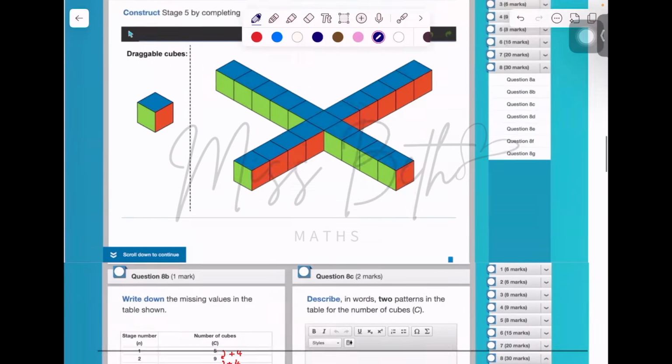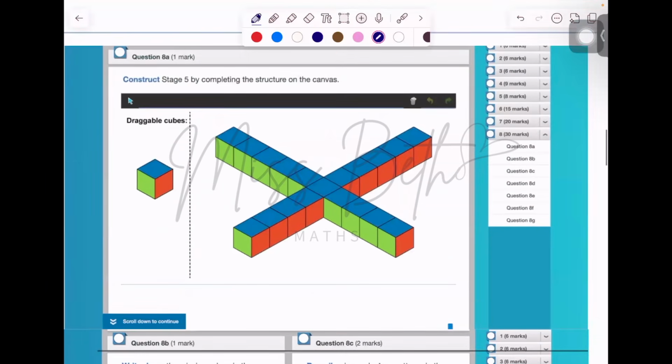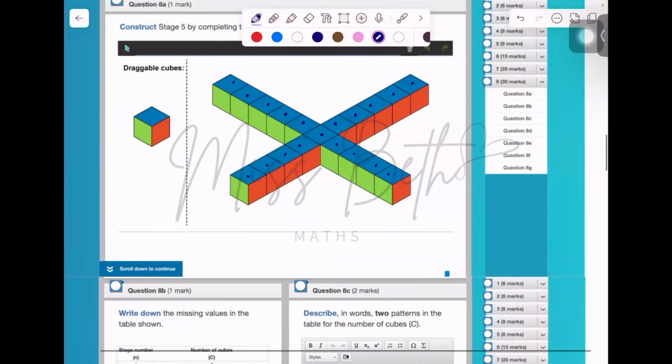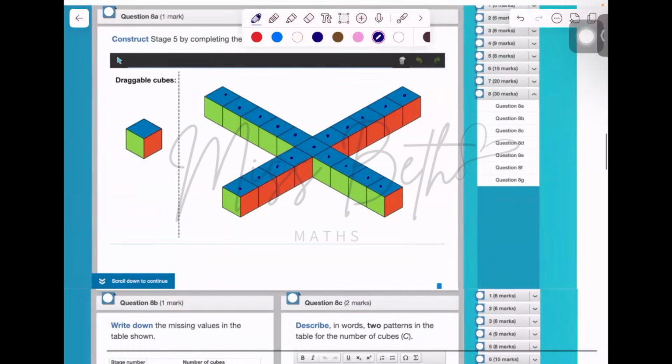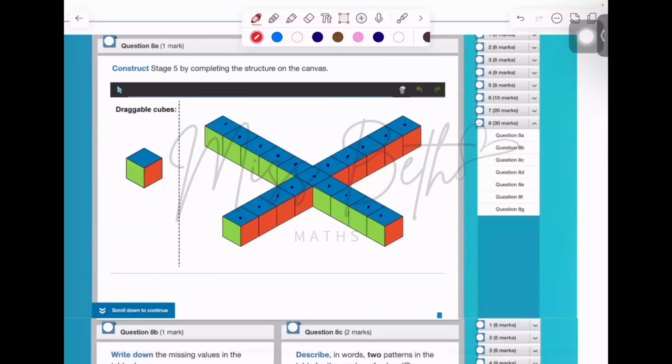On that, I can go back to this question. I want to calculate how many cubes we have so far. So 1, 2, 3, 4, 5, 6, 7, 8, 9, 10, 11, 12, 13, 14, 15, 16, 17, 18, and then 19. I just worked out that we need 21 cubes in total. You may have noticed that here has 5.